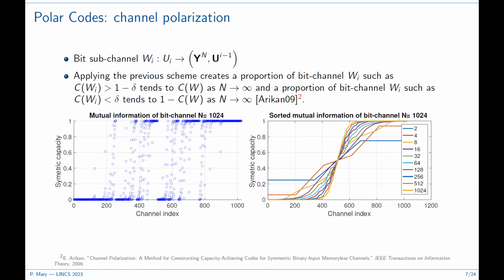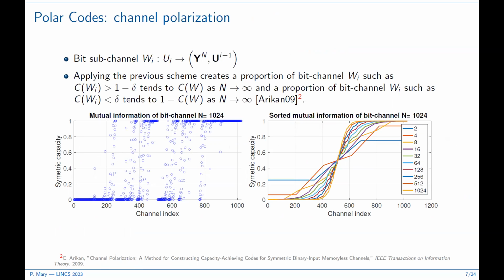So applying this scheme, it creates N bit subchannels. The bit subchannel is a transformation of a bit at stage i, u_i, to the observed vector and the i-1 previously decoded bits. Okay.